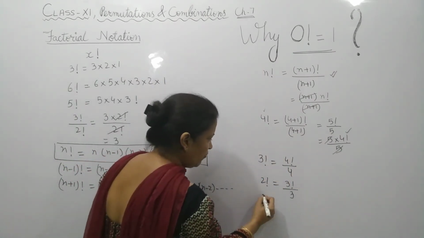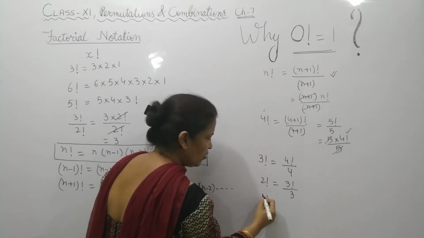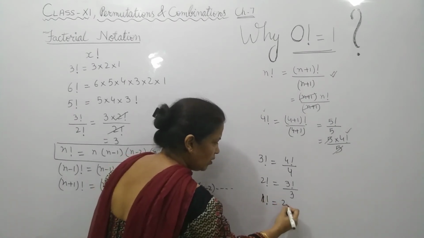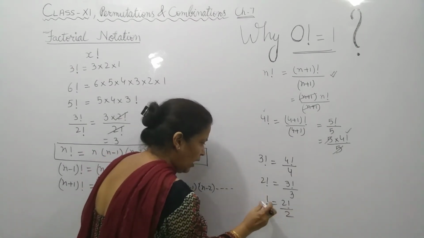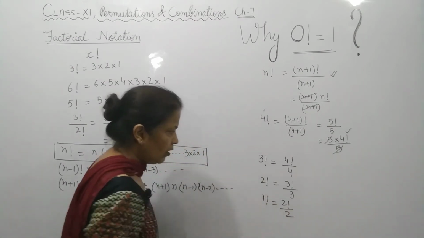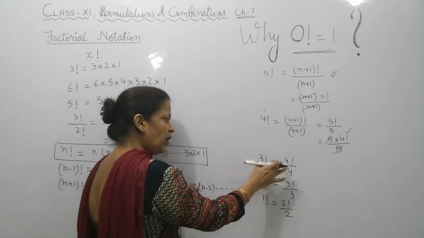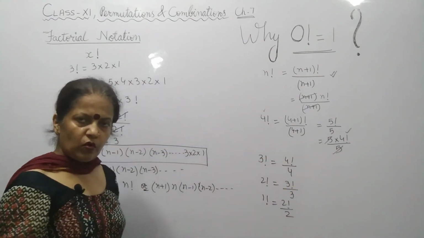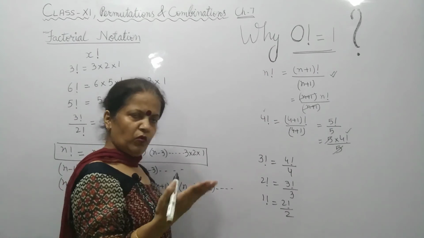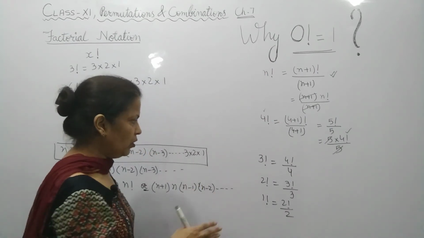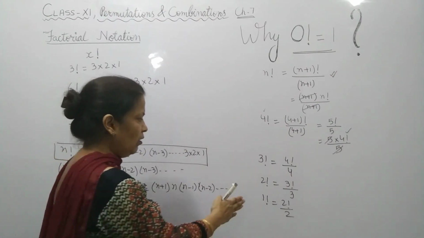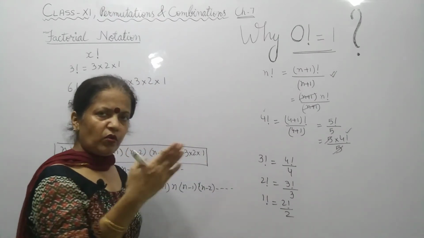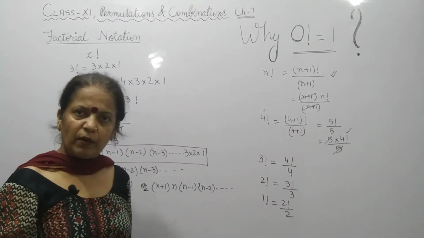What should be 1 factorial? 1 factorial will be 2 factorial upon 2. So like this, if you see, 3 factorial is 4 factorial upon 4, 2 factorial is 3 factorial upon 3, and 1 factorial is 2 factorial upon 2.